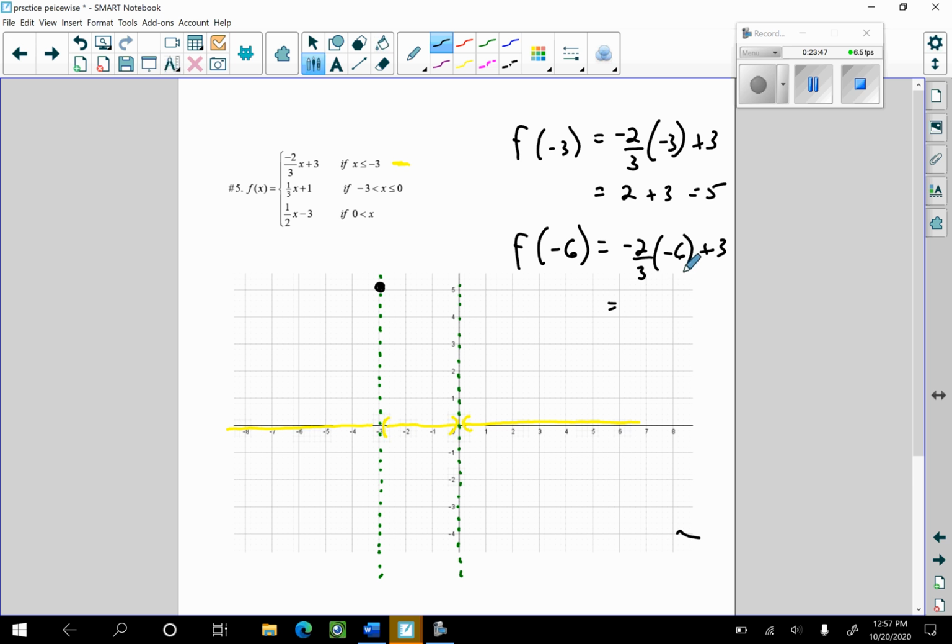This is going to be 4 plus 3, and 4 plus 3 is 7. So this is -6, 7. So I'm going to have to come up here 5, 6, 7, and it's going to be about right there. And that's a good one because the slope is down 2 over 3. And so here's the top piece of that graph.